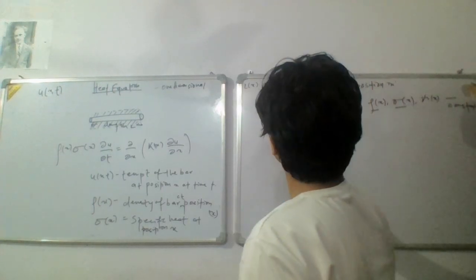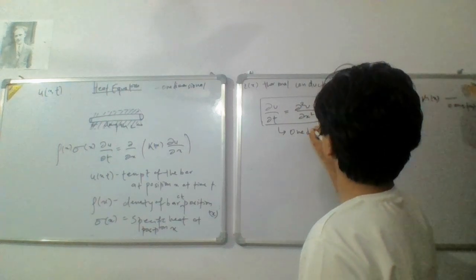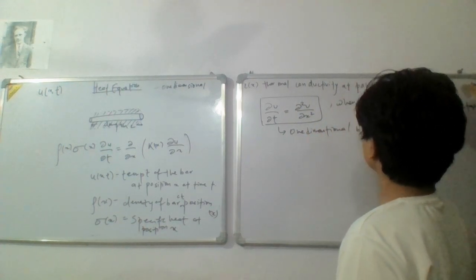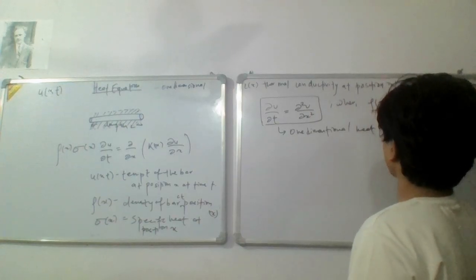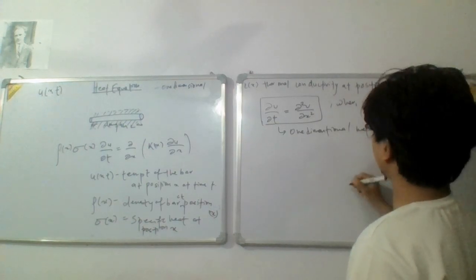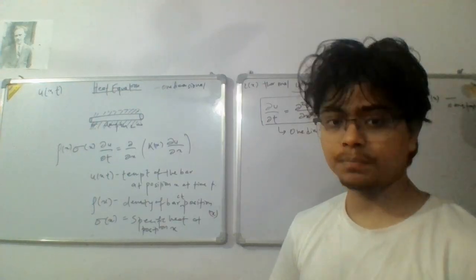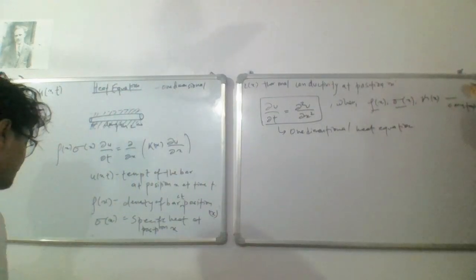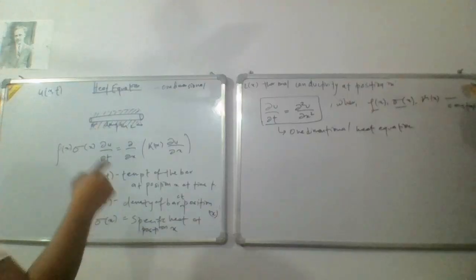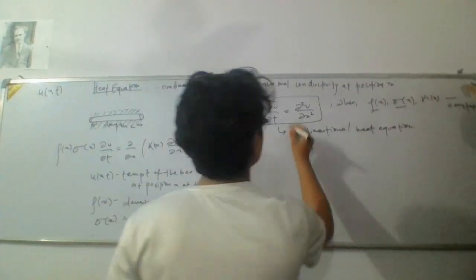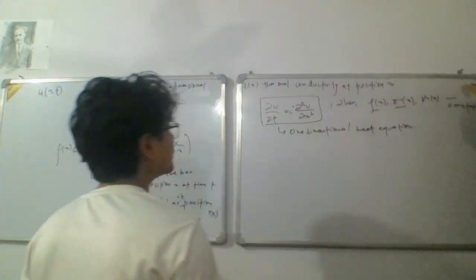This is our one-dimensional heat equation, or we can say one-dimensional partial differential equation. Now we may introduce a constant in front of it, like c squared, to keep account of all these constants.